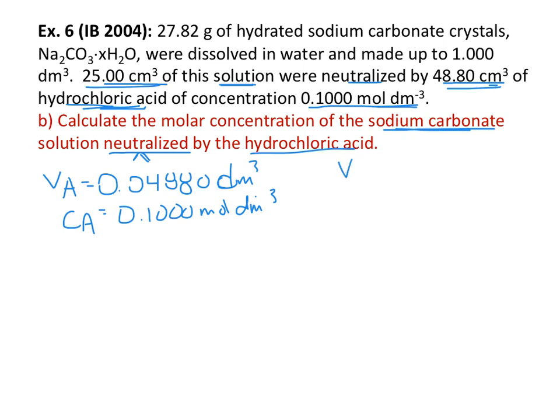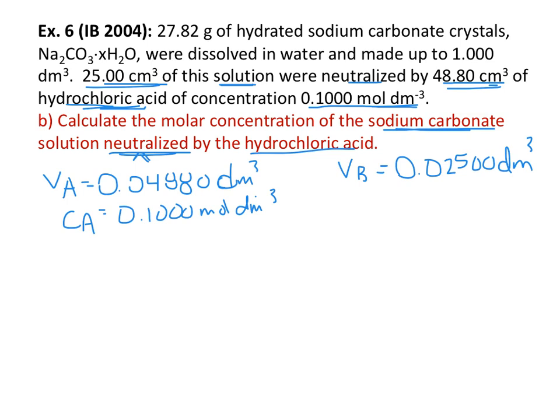Do I necessarily think you should know off the top of your head that sodium carbonate is a base? No, but the fact is it's being neutralized by hydrochloric acid. So is it a base? Of course. Again, I'm going to go ahead and convert this volume: 0.02500 decimeters cubed. So that's kind of my starting point.